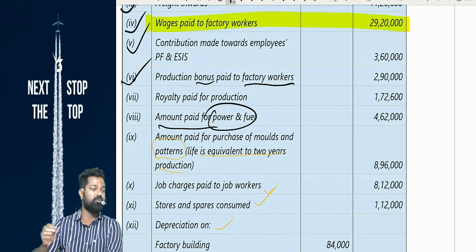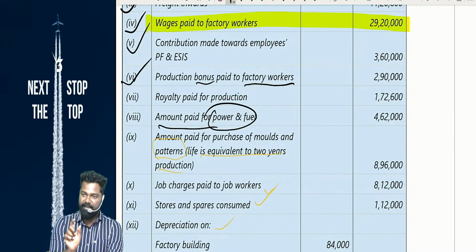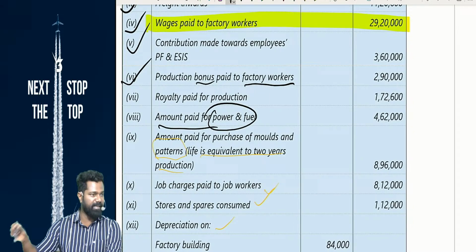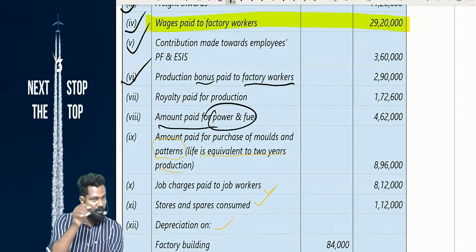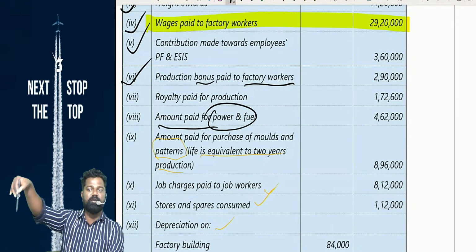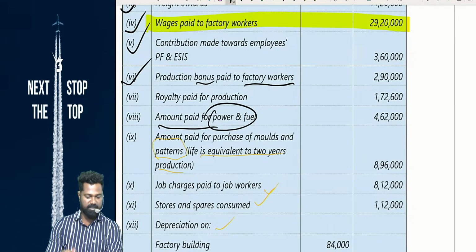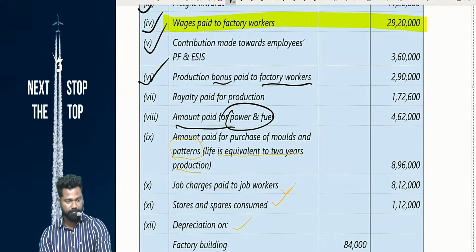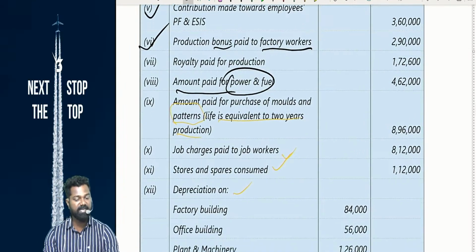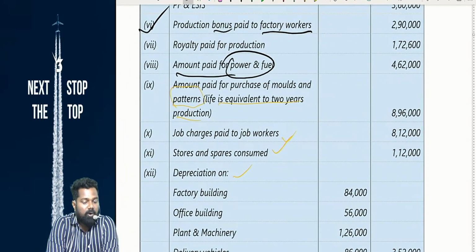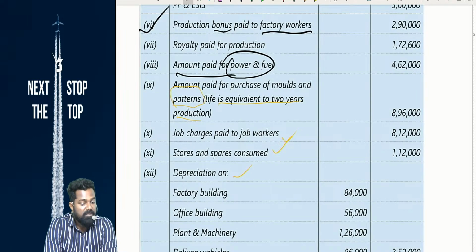Anything which is not material and not labor, we have to think whether it is falling under direct expenses or going to factory overheads. In the same way, there are a few items. Now coming to this one: amount paid for purchase of molds and patterns.